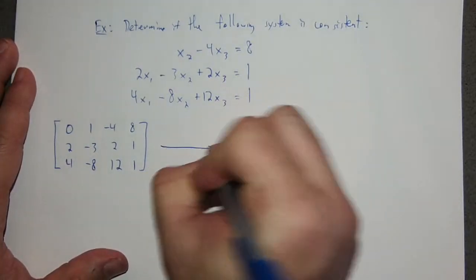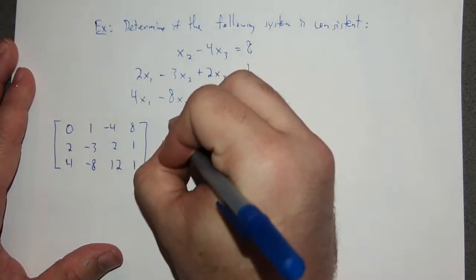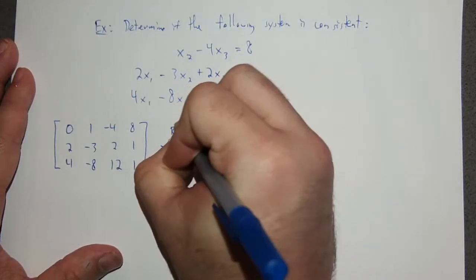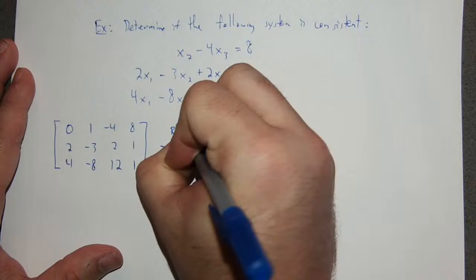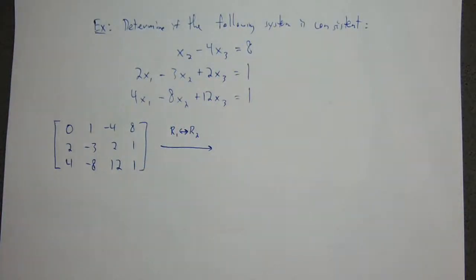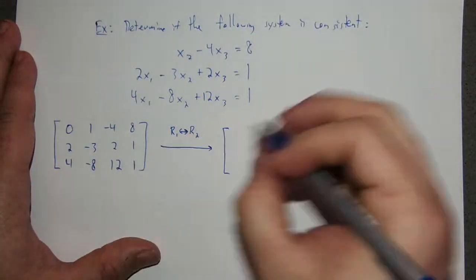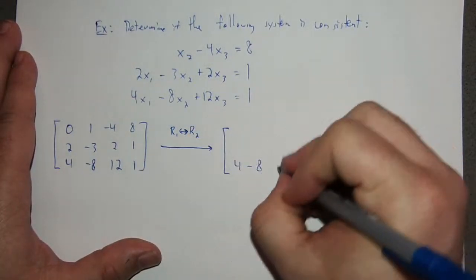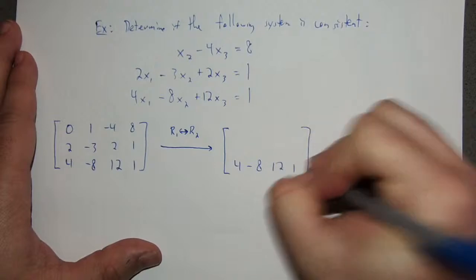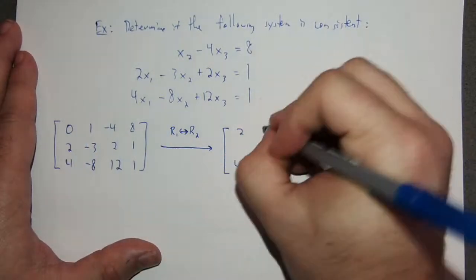Here's my symbol for swapping rows 1 and 2. That is not going to change row 3 at all. Rows 1 and 2 get swapped.